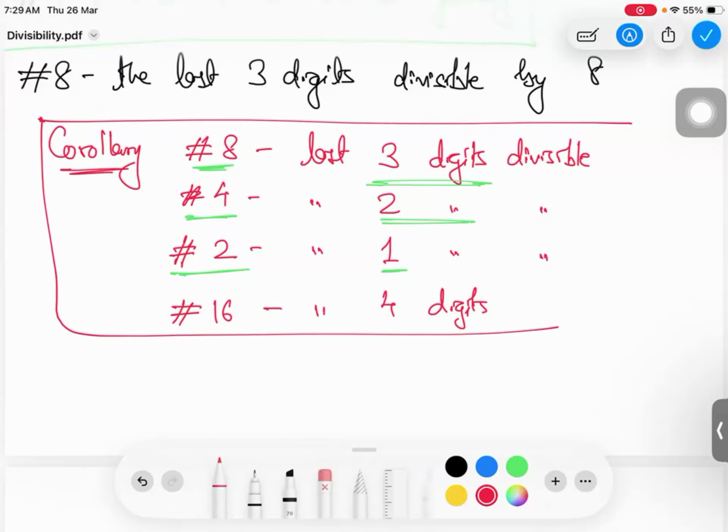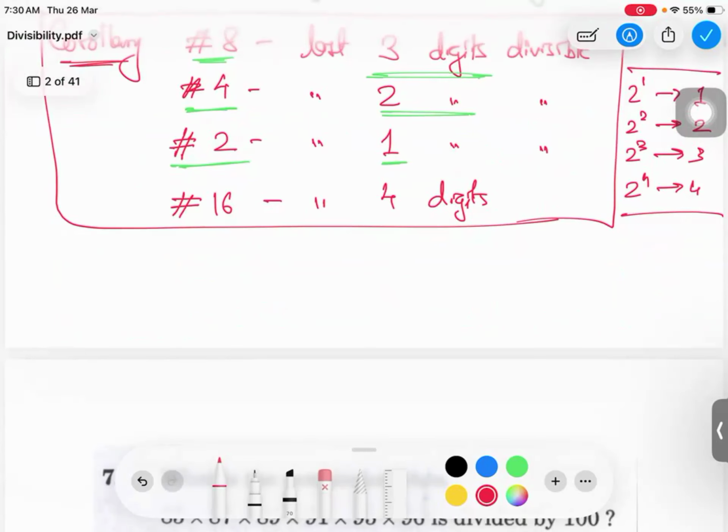The power of two relates to the number of digits divisible. 2 power 1, so we check the last one digit. 2 power 2, which is 4, we check last two digits. 2 power 3, we check last three digits. And 2 power 4, which is 16, we check last four digits. Okay, so this is a pattern anyway.